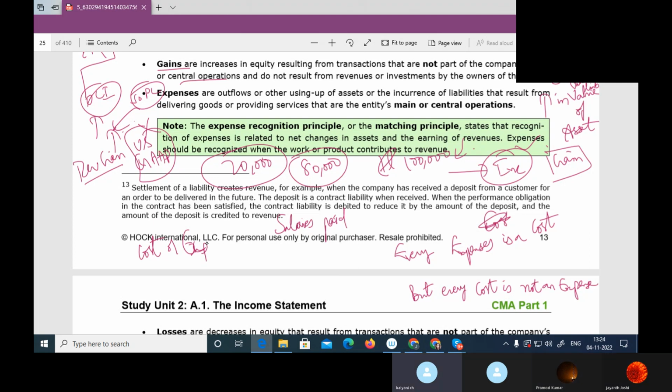We show it in the income statement, in the expenses only, sir. Yes, every cost which you show in the income statement is an expense.